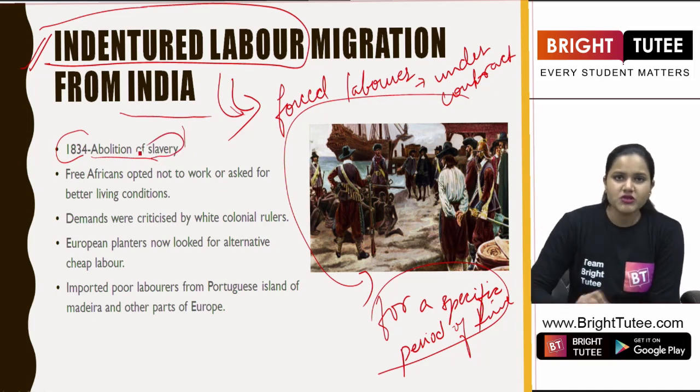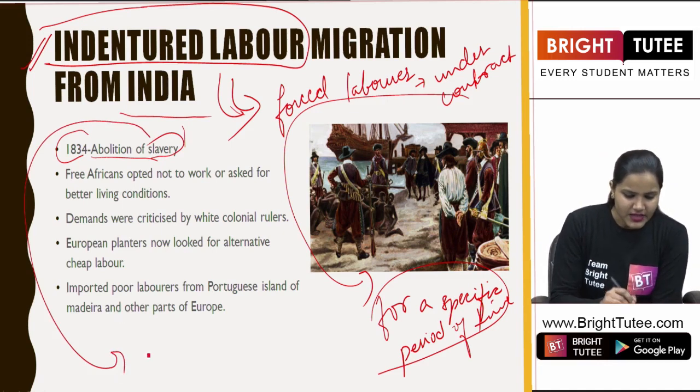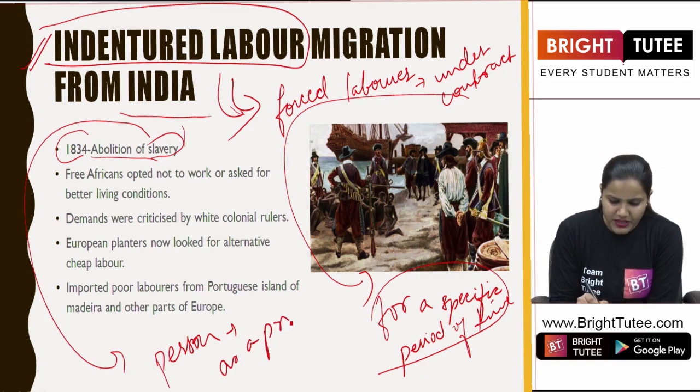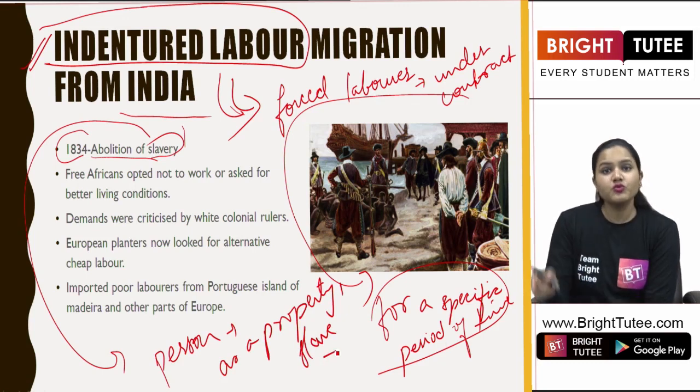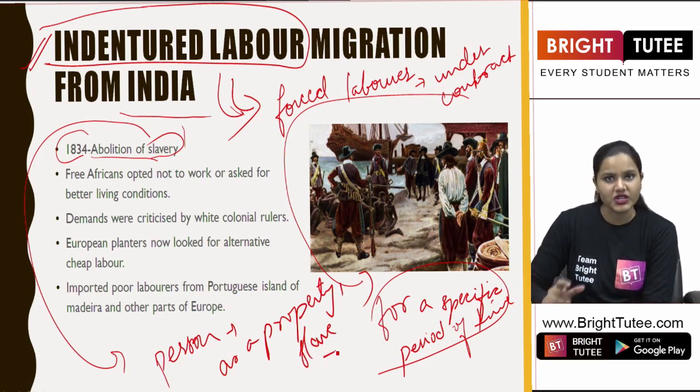And what is this slavery students? Again you have heard this term. Now slavery is a condition in which a person is treated as a property or as a slave and has to work under his master, according to the master's will and wish.